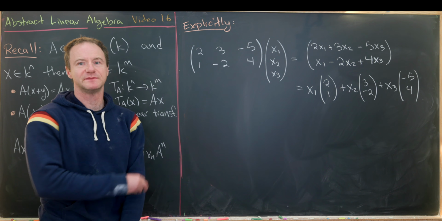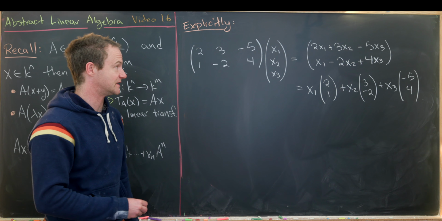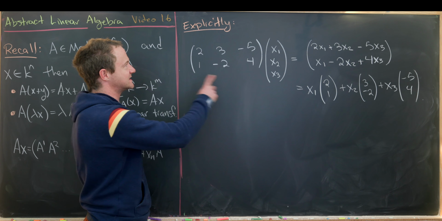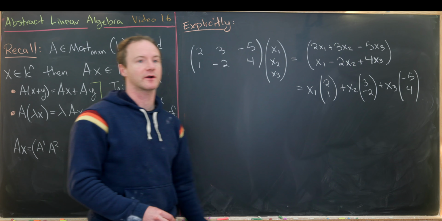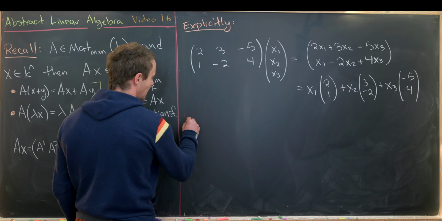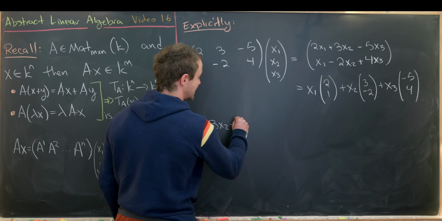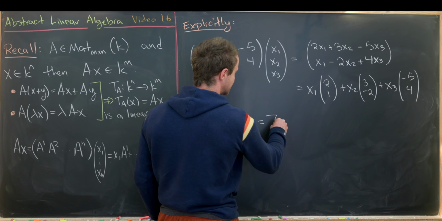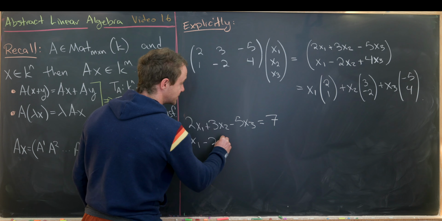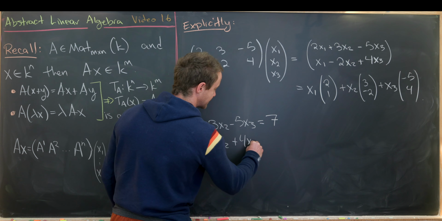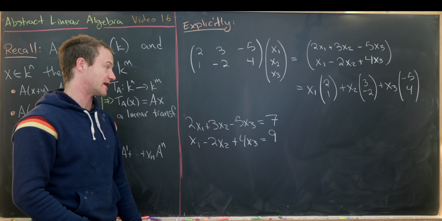That provides some motivation for rewriting a system of equations as a matrix equation. Let's do it with this example. Say we've got the equation 2x1 plus 3x2 minus 5x3 equals 7, and another equation, x1 minus 2x2 plus 4x3 equals 9, though I chose those at semi-random.